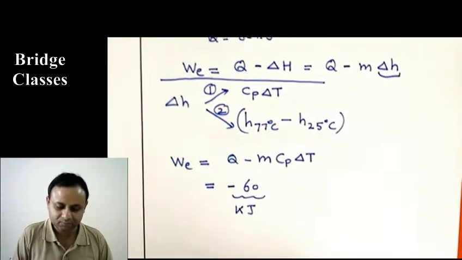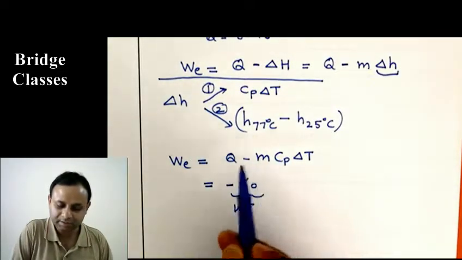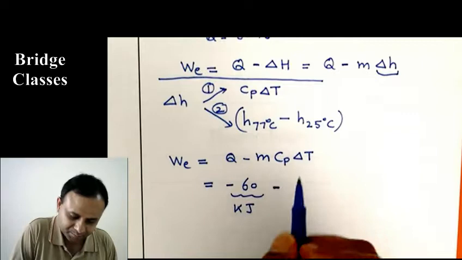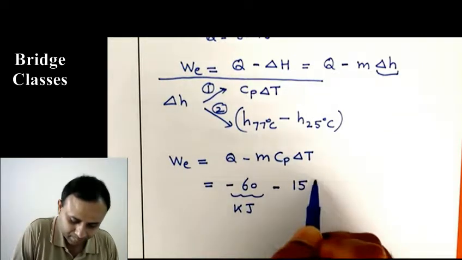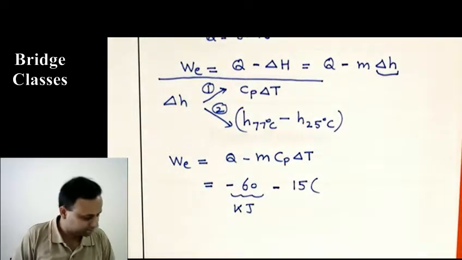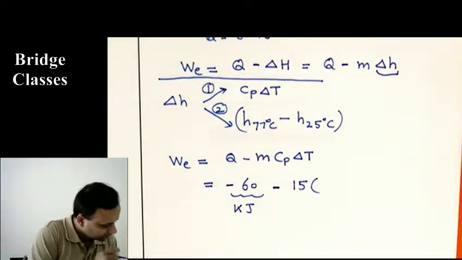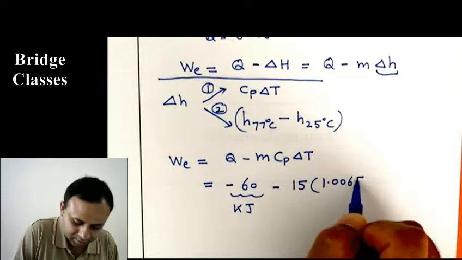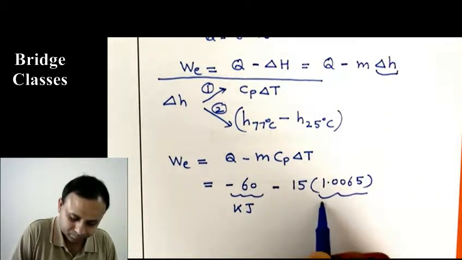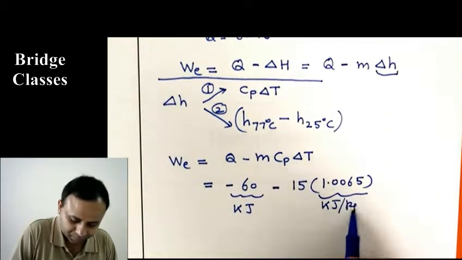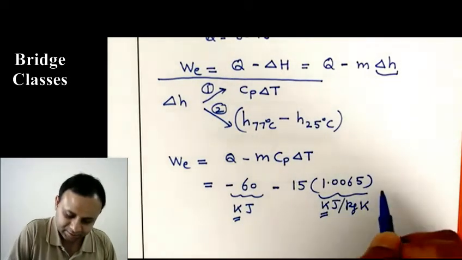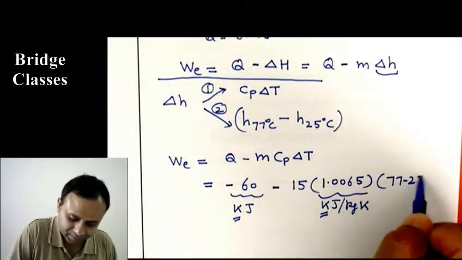So we have to be careful: either convert this to joule so that everything is in joule, or if I'm taking kilojoule, this Cp also I will take in kilojoule. Minus M, that's 15 kg. And Cp of air, if we read from the table, is 1.0065 kilojoule per kilogram Kelvin. So I'm being consistent here. Times the change in temperature, that is 77 minus 25.